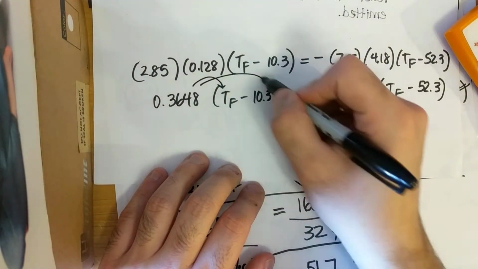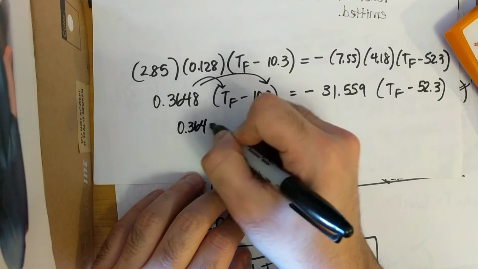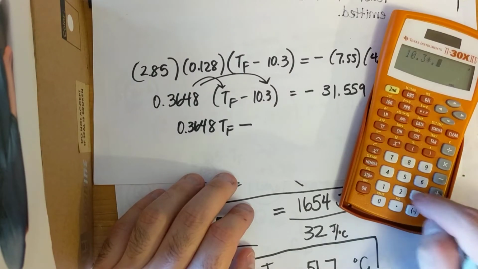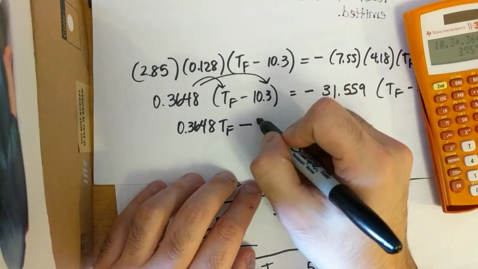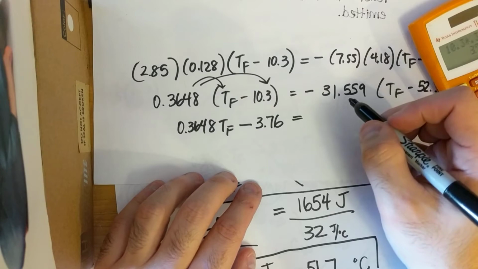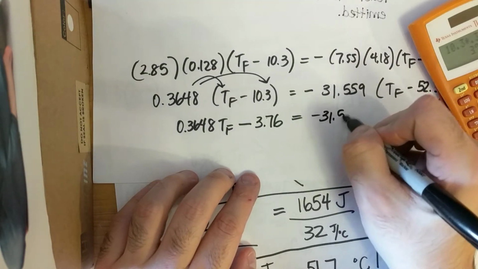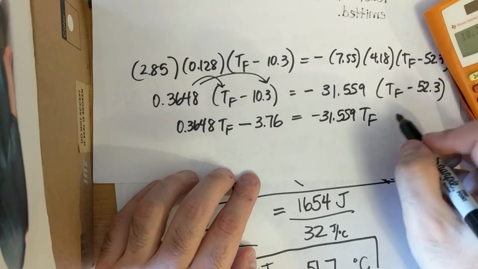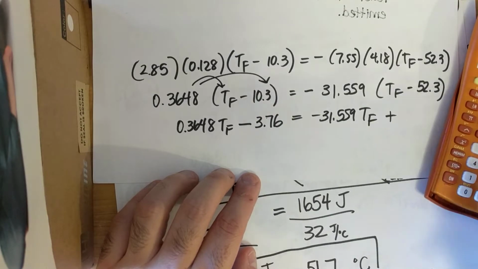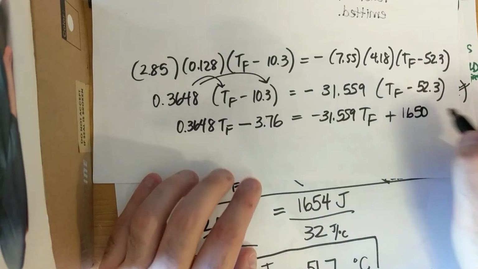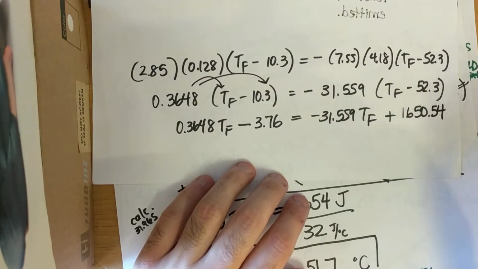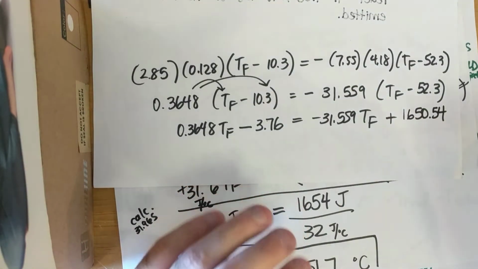If I distribute like I did before, I get 0.3648 TF minus 10.3 times 0.3648, which is 3.76, equals negative 31.559 TF plus 31.559 times 52.3. I should get positive 1650.54 if I multiply these two together, which is kind of the same answer as I had before.